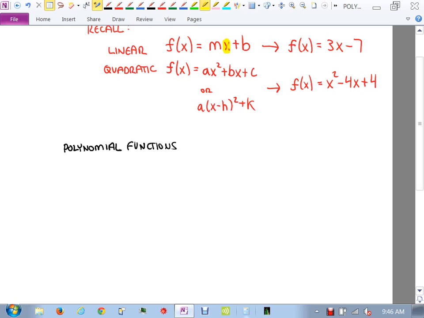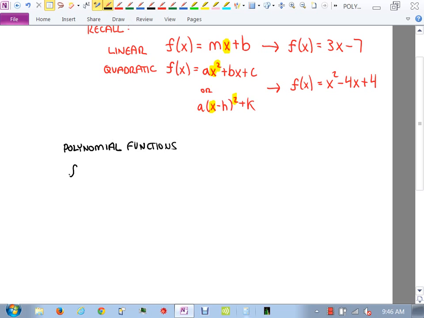It was x to the first power. That's what made it linear. With quadratics, we always turn out having x and then somewhere in it it's squared, isn't it? Yes? In the linear, the m was just a number and the b was just a number, right? And then in the quadratic, the a, the b, the c were all just numbers. So keep that in mind as I write this.